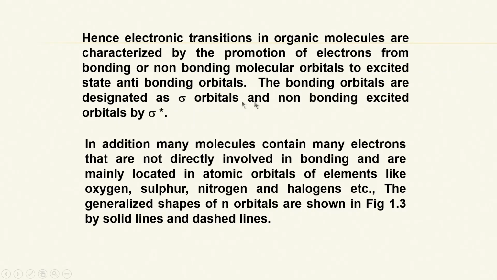So, the bonding orbitals are designated as sigma orbitals and the excited orbitals are called sigma star. Okay. These are all virtual energy levels, not exactly defined. You cannot visualize them in actual practice, but we can picturize them pictorially. We can represent that. I will show you in the next class.